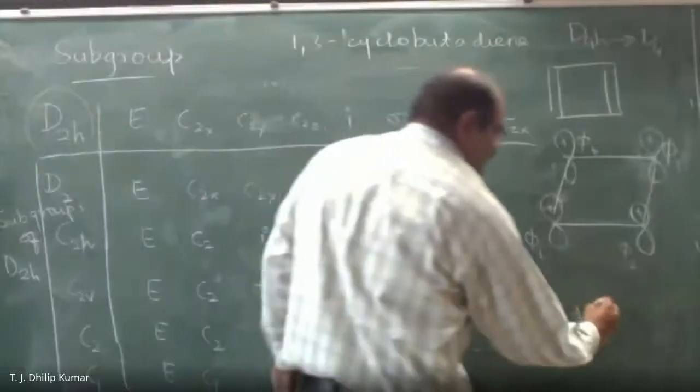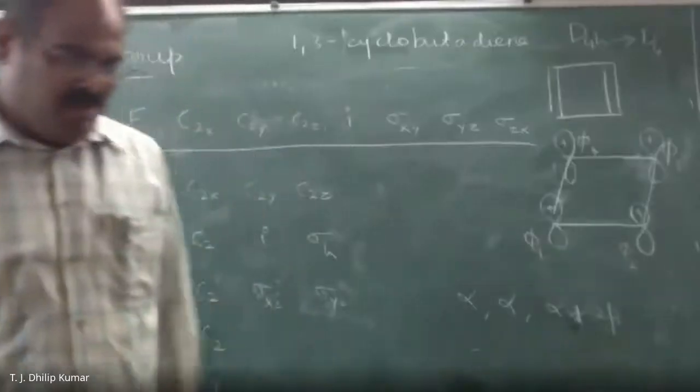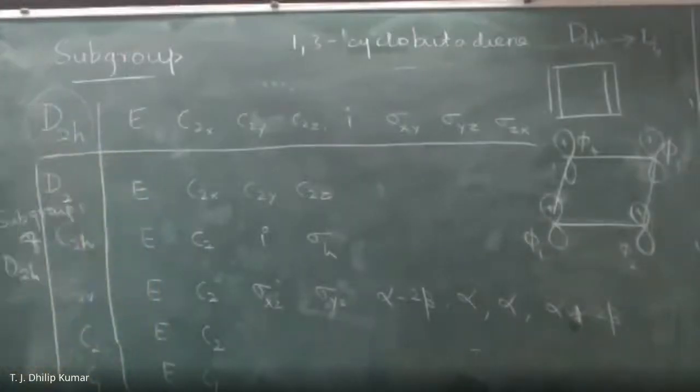We can use them, and they will give the same results. Sir, will they give the same results if we use other subgroups with planes? Yes, you will get the same result.